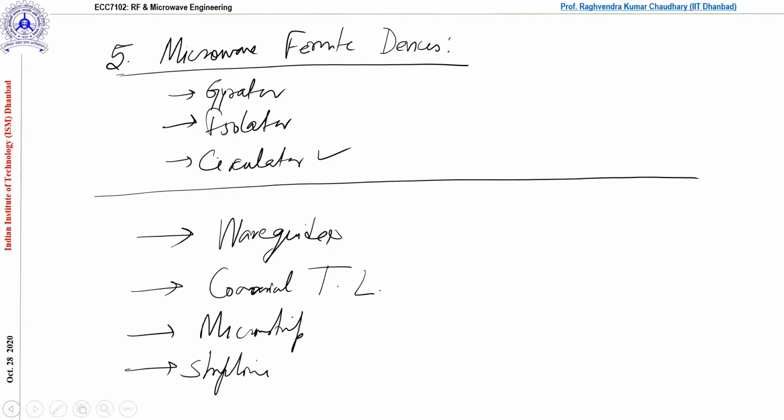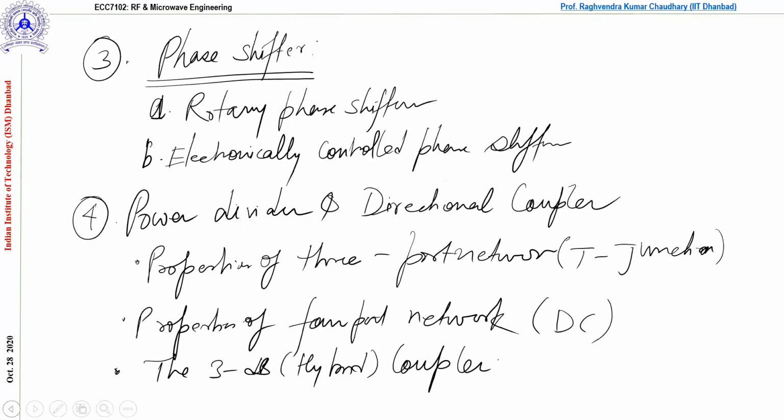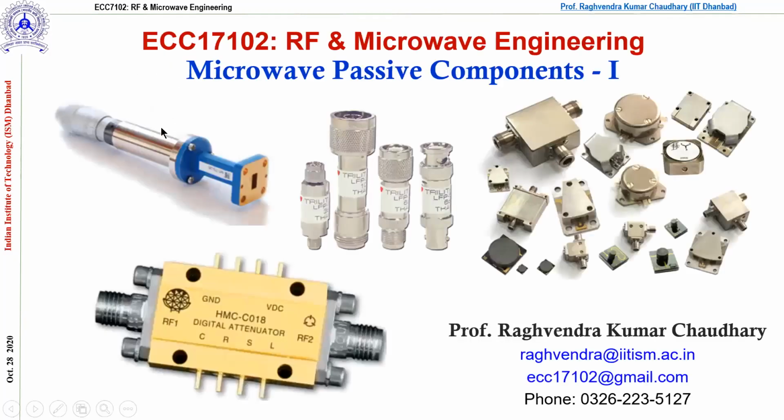So if I talk about the terminations first, okay. As I have shown you in the first slide, this is one kind of termination actually. Okay, variable termination, like variable short kind of things, correct? Here we can shift the location, like we have seen in some problems, where we have to keep the short so that we can control the minimum location.